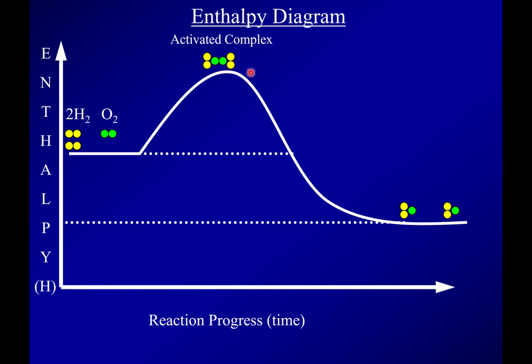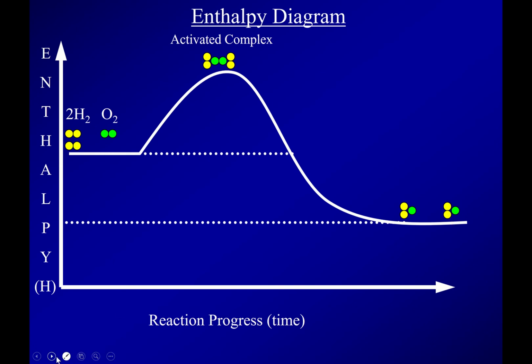The higher the energy molecules have, the more unstable they are. Eventually the reaction proceeds and we lose some energy in this particular reaction. Some reactions gain energy, and there's a special name for each of those. In the end we produced water molecules, in this particular one, two water molecules.